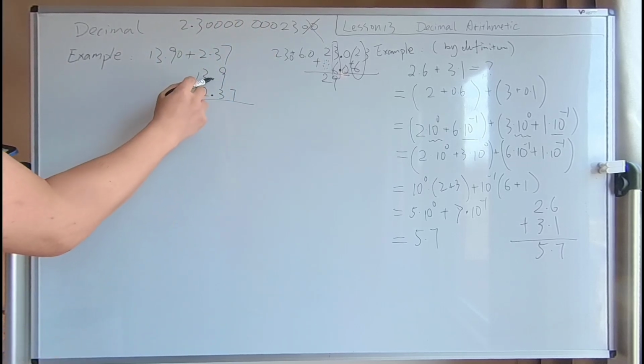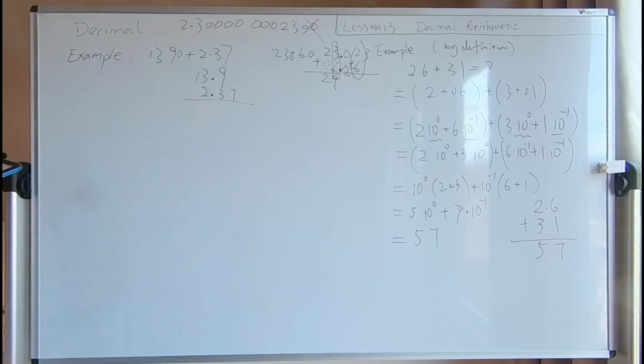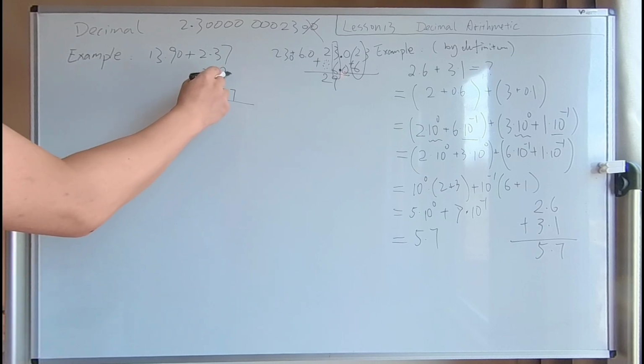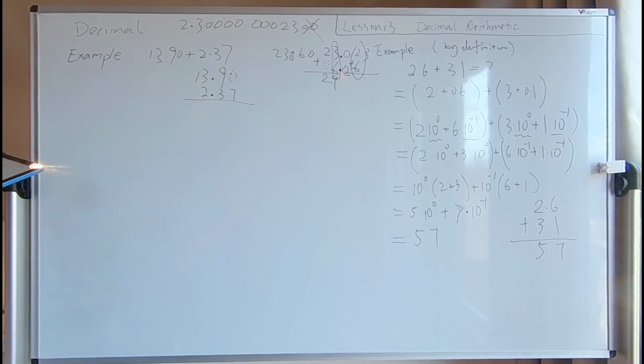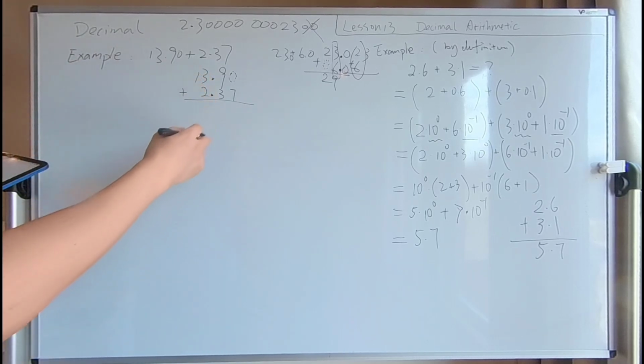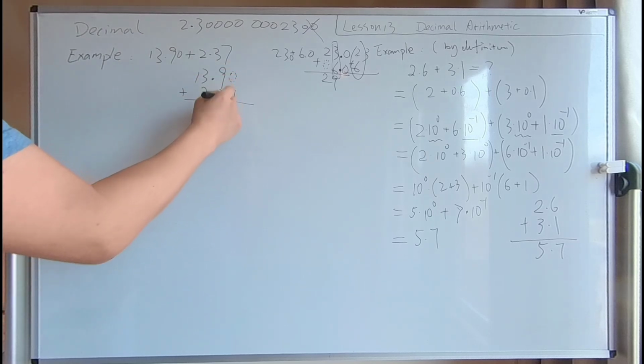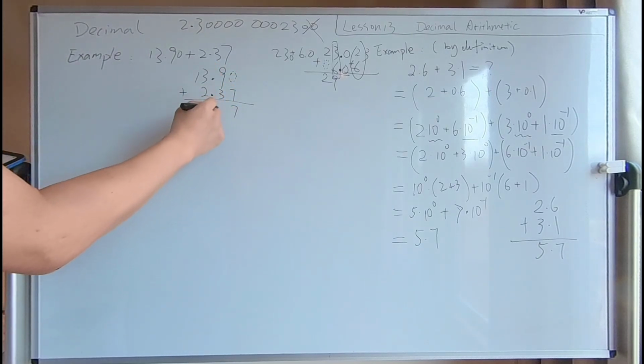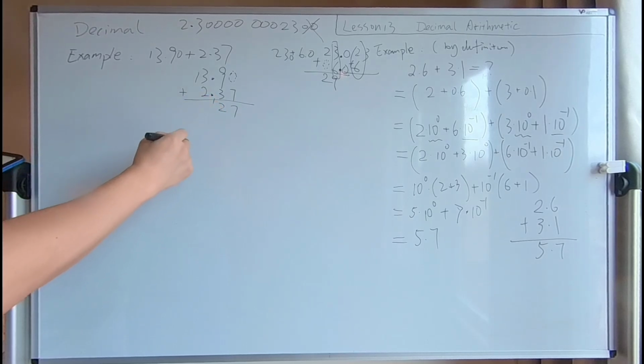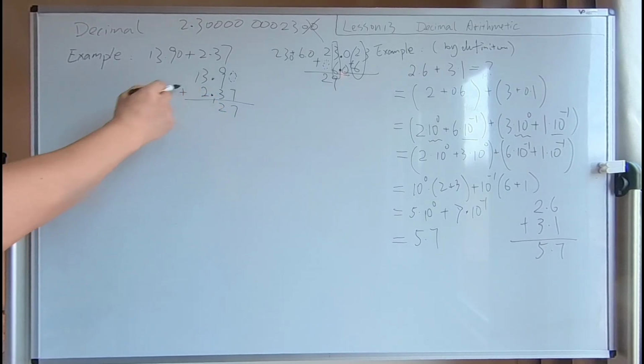You want to align the decimal points, and if necessary add some imaginary zeros. This tells you exactly which digits to add, or subtract, or whatever calculation. So here, 0 plus 7 is 7, 9 plus 3 is 12, so I get 2 here and carry 1 to the next digit.